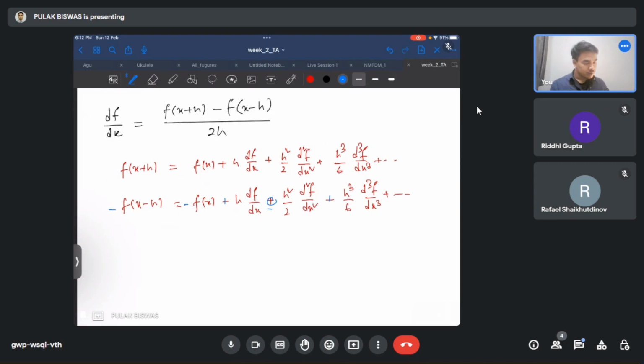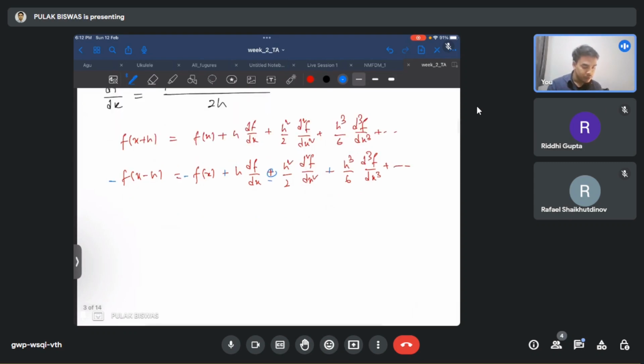So you see what is happening: minus, these two gone, this becomes 2h df/dx, again these two gone, but these two add up.